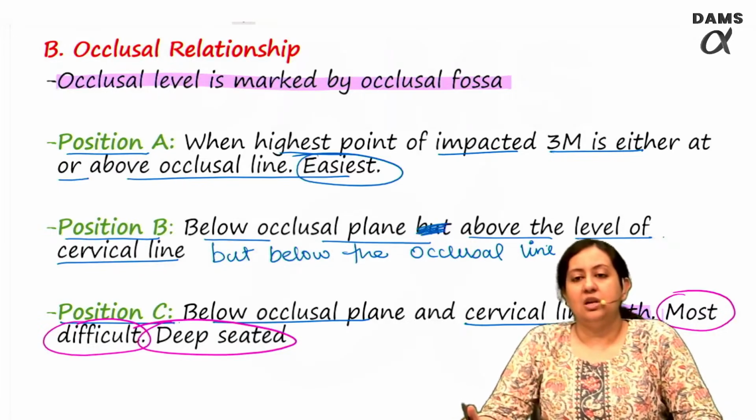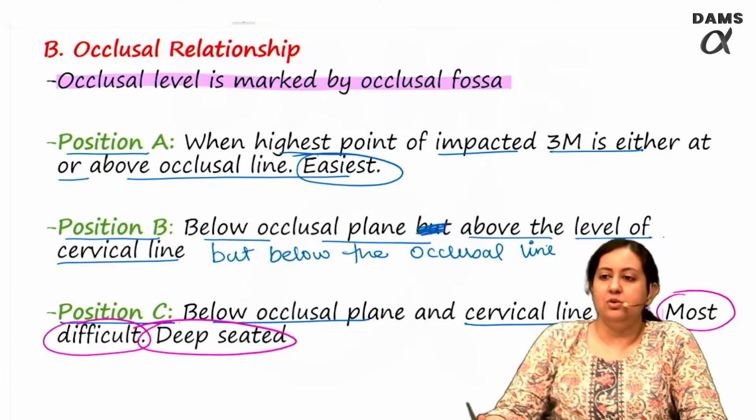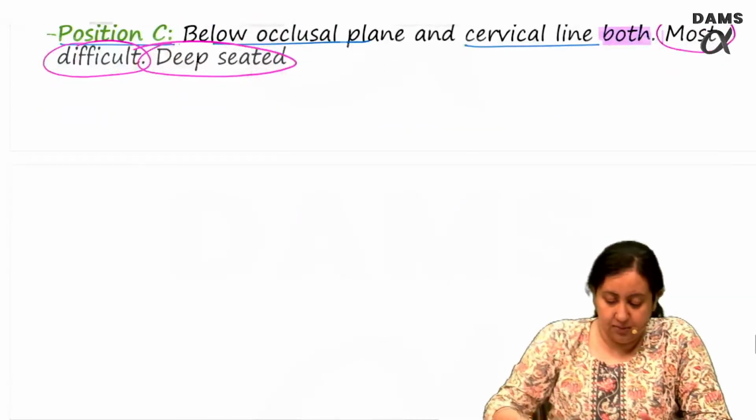Position A, position B, position C. Ramus relation was class 1, class 2, class 3. Occlusal relationship is position A, position B, position C. Learn it here with me in the session. Now let us see.